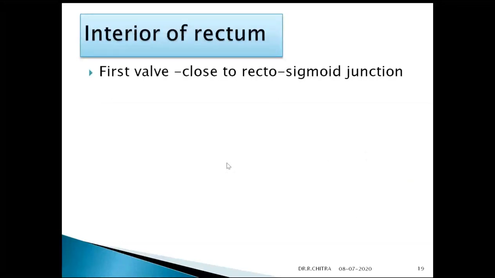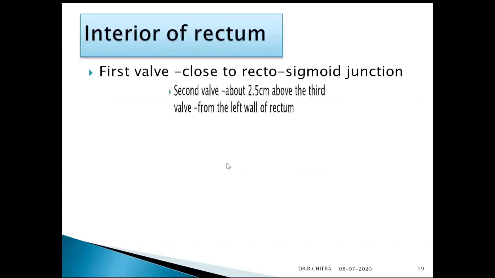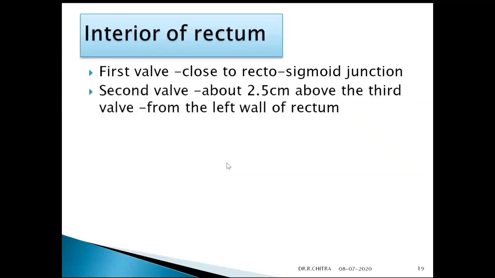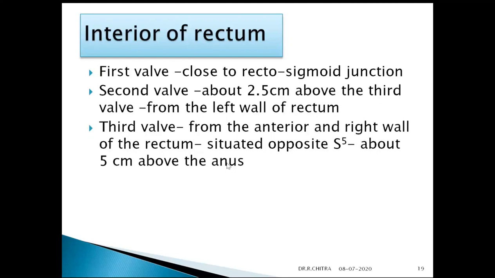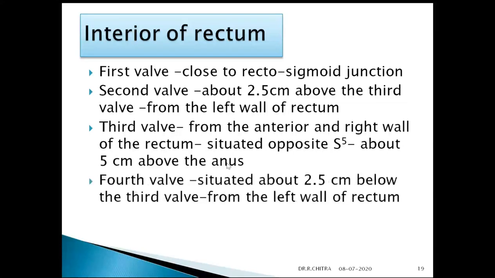So the first valve is close to the rectosigmoid junction. The second valve is about 2.5 centimeters above the third valve, from the left wall of the rectum. The third valve is from the anterior and right wall of the rectum, situated opposite the fifth sacral vertebra, about 5 centimeters above the anus.